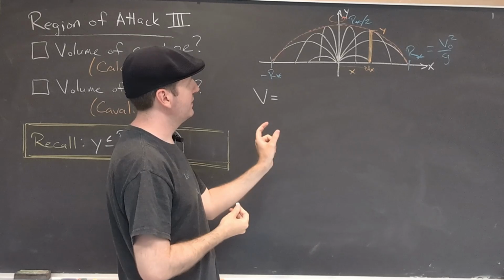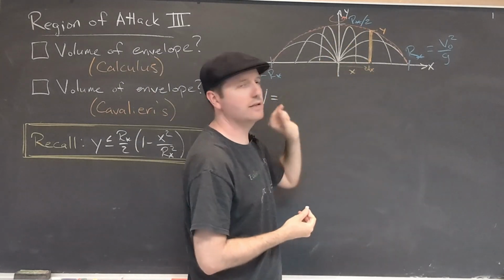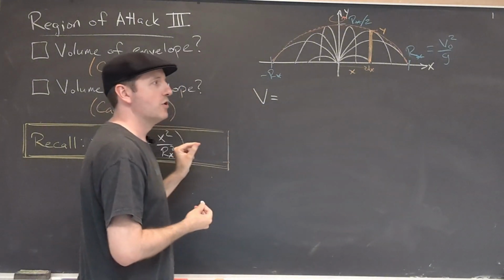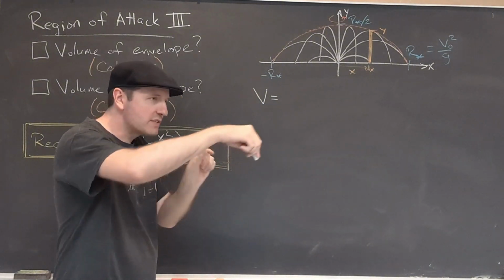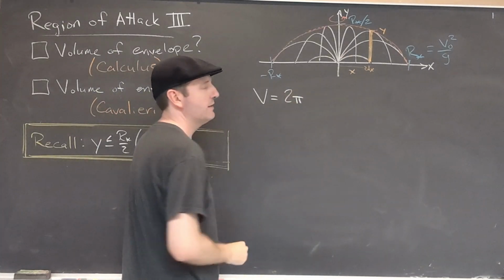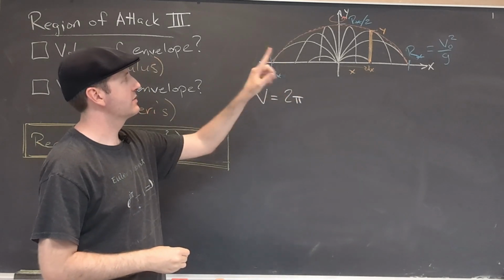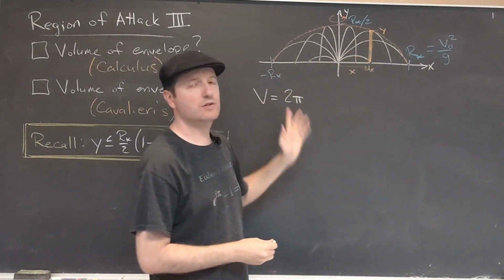So this little shell is going to have a radius of x, a height of y, and a thickness of dx. So the volume of this little shell revolved around should be 2 pi times the radius of this little shell, which is just going to be x.